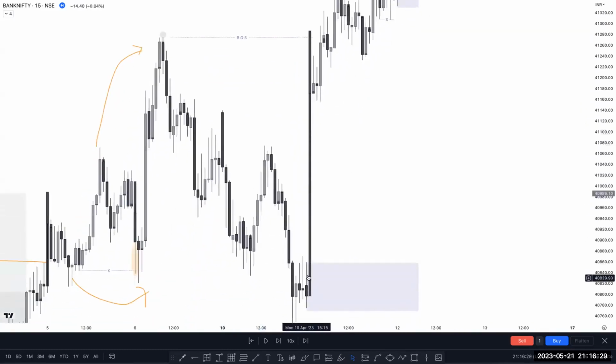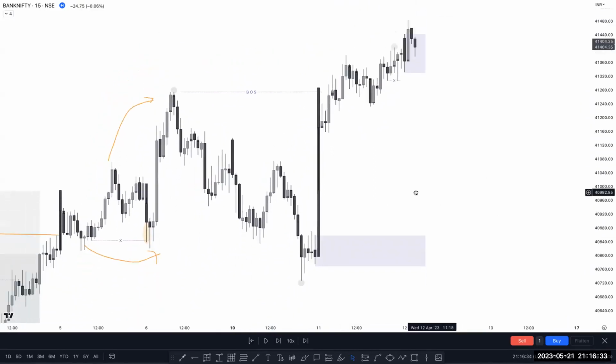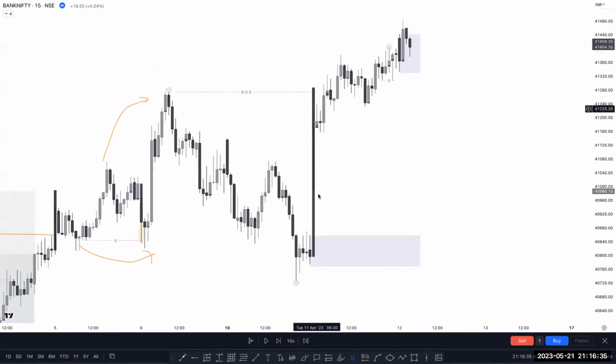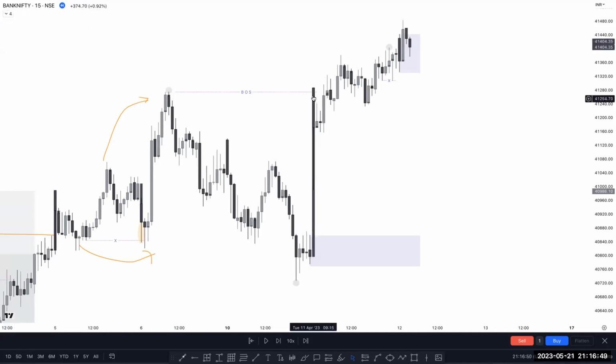This is a candle. I'm sorry. This one. I think, let me check this one. Okay, this is a gap down. So basically this is our bearish candle and it closes here.